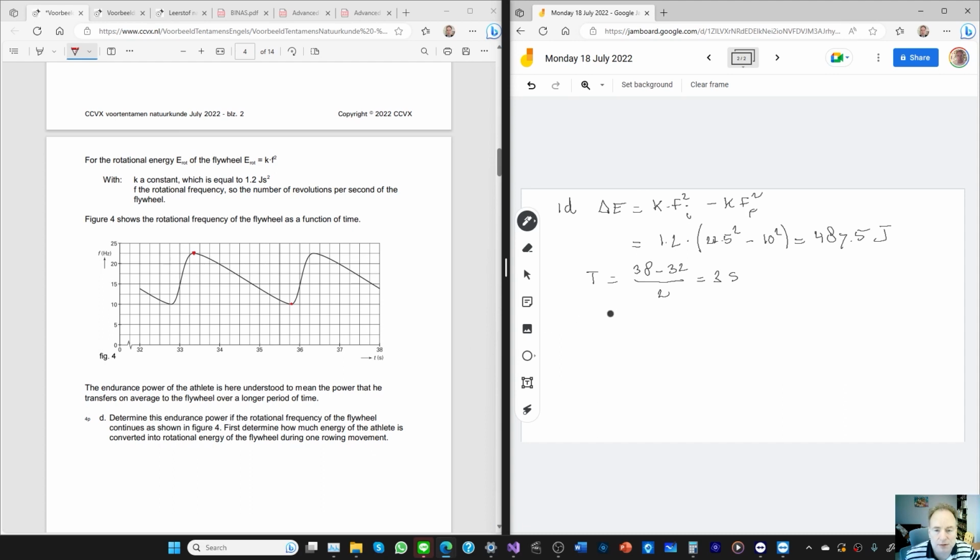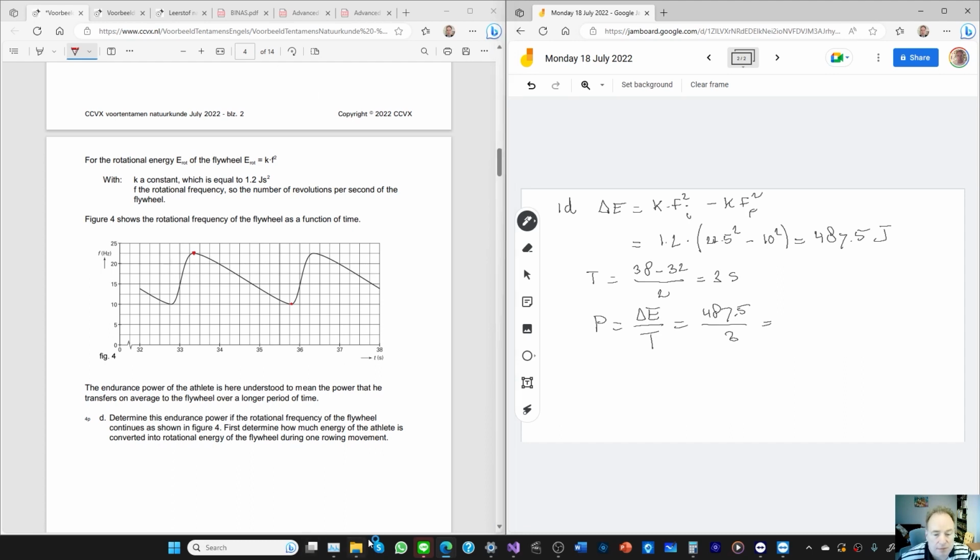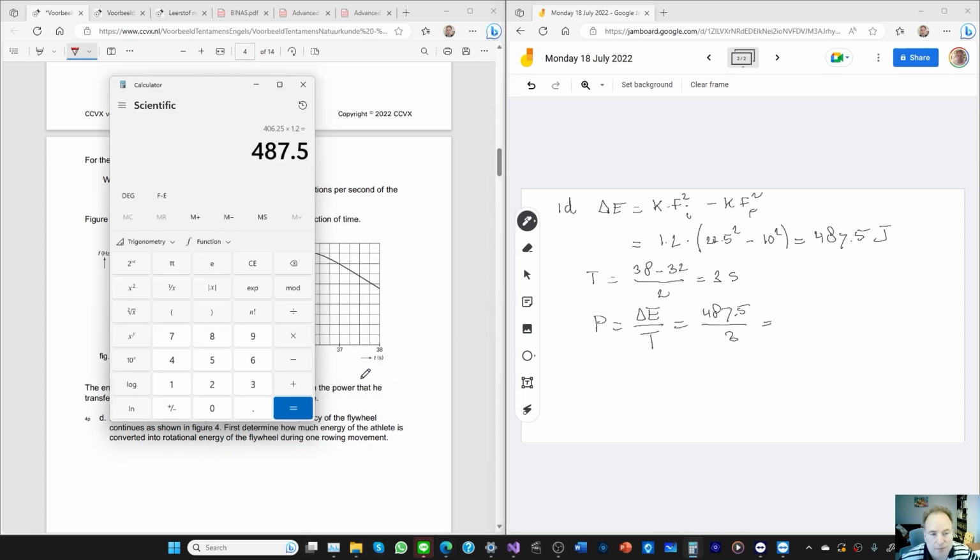So then for the power, we find that it is this energy transferred in one movement divided by the period. So we get 487.5 divided by 3.